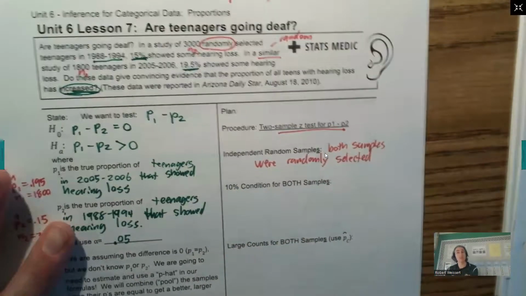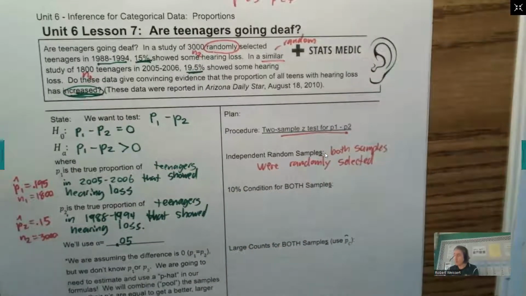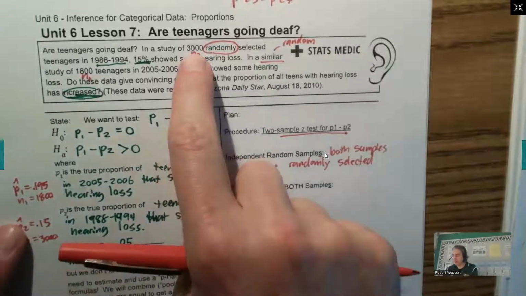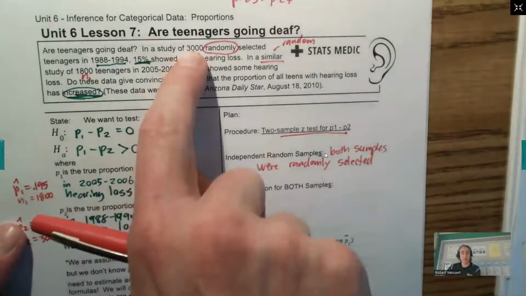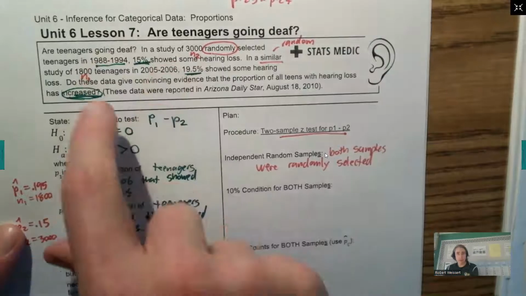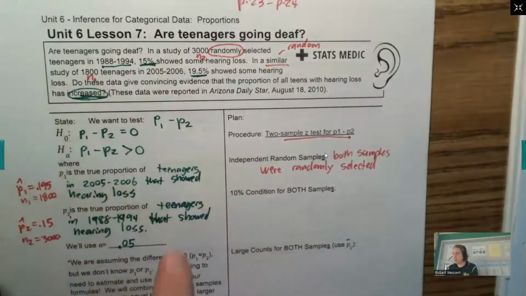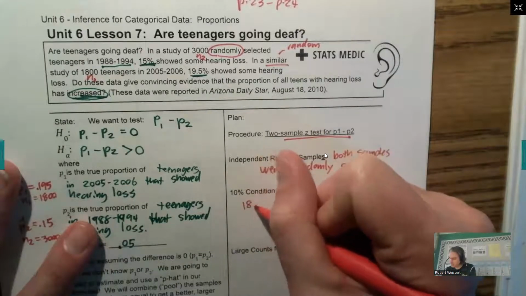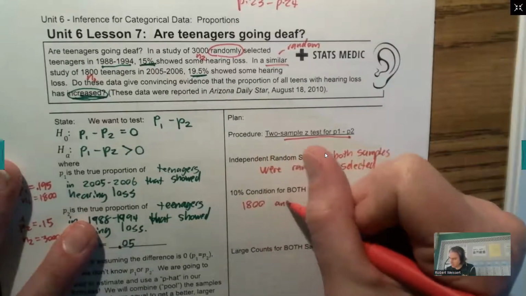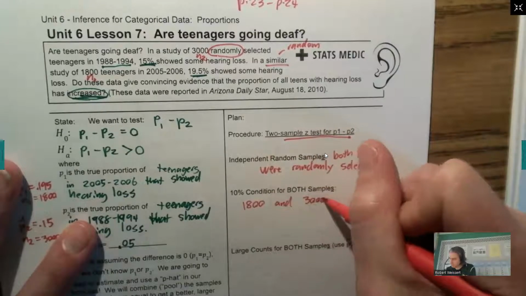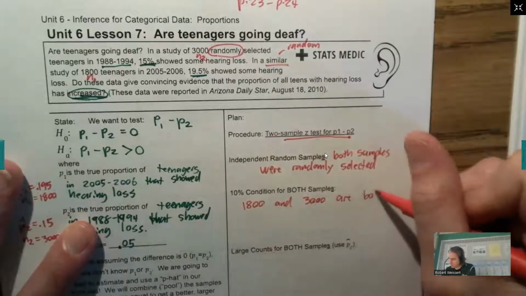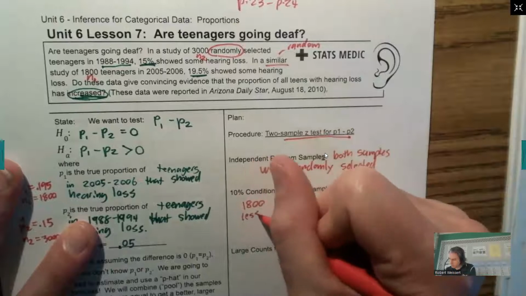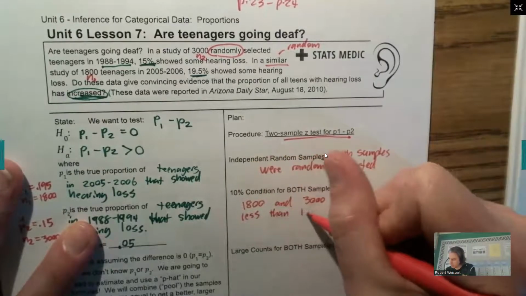Good enough. Now let's check the 10% condition. Can we assume that 3000 is less than 10% of all teenagers in that era? And 1800 is less than 10% of teenagers in that area? For sure, right? So we'll say 1800 and 3000 are both less than 10% of all teenagers.